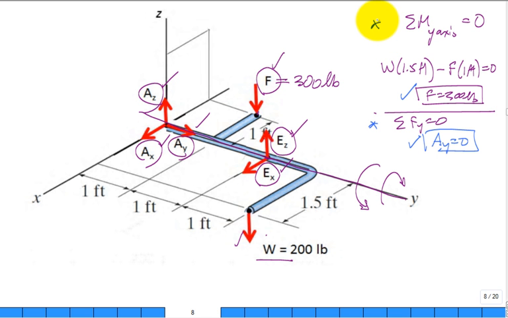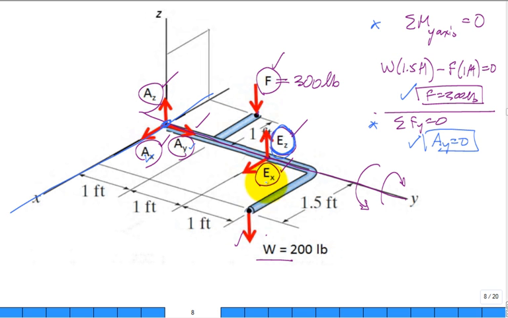Now, at this point, some people have a strategy for solving for EZ. How many people have a strategy for how to solve for EZ? Can you explain it to me? Do the sum of the moments about the x-axis, the x-axis that goes through the point A. If you do that, do AY, AX, AZ contribute?